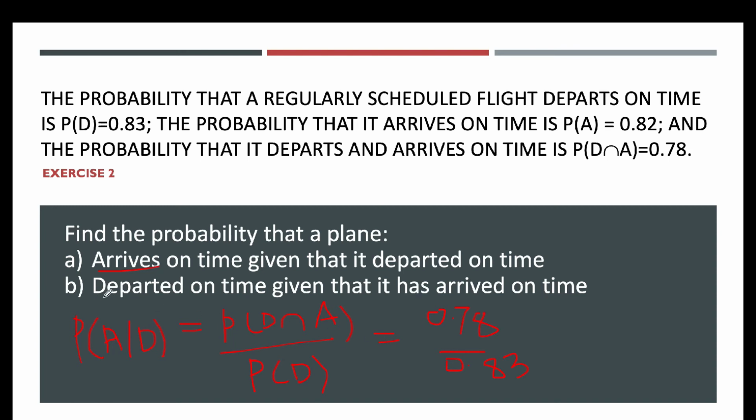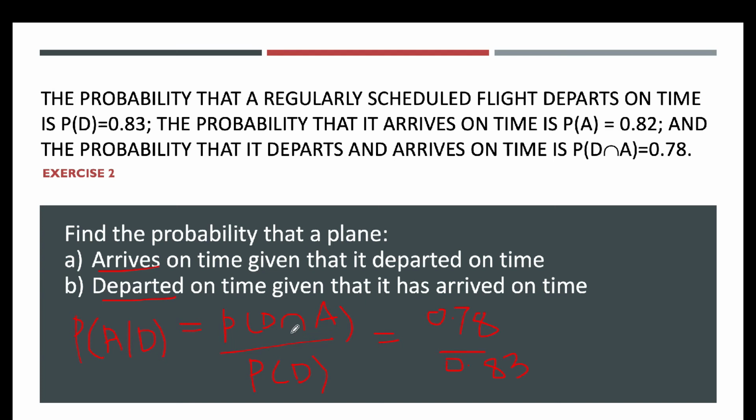And what about part B? I bet you must be able to come up with the solution. Just change this one. So P(D intersect A) equals P(A intersect D). Basically this is the same because the intersection value is consistent.